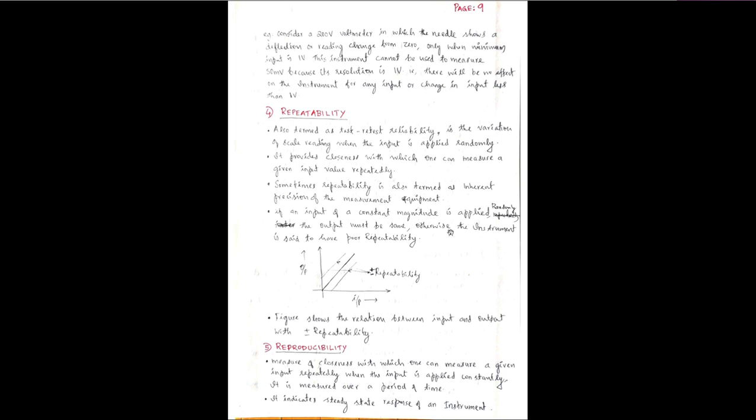That is, we apply an input of almost the same constant magnitude at different times, and whenever it produces an output, it should be almost the same. If it is almost the same, we say it has high repeatability. If it is not the same, we say it has poor repeatability.